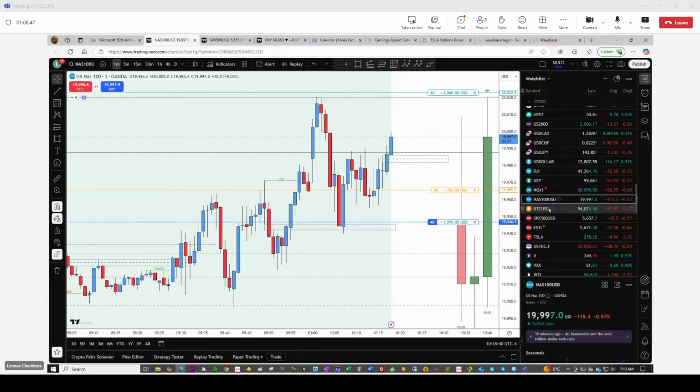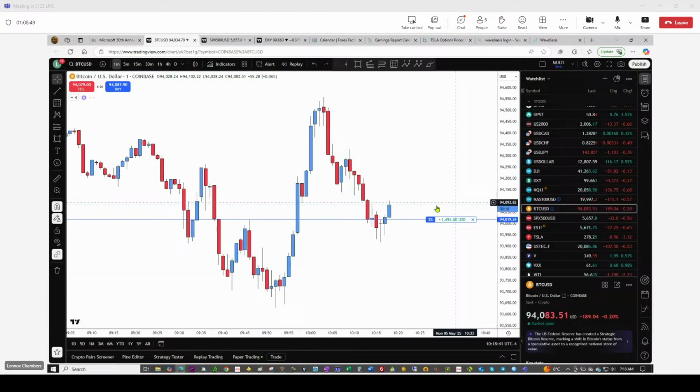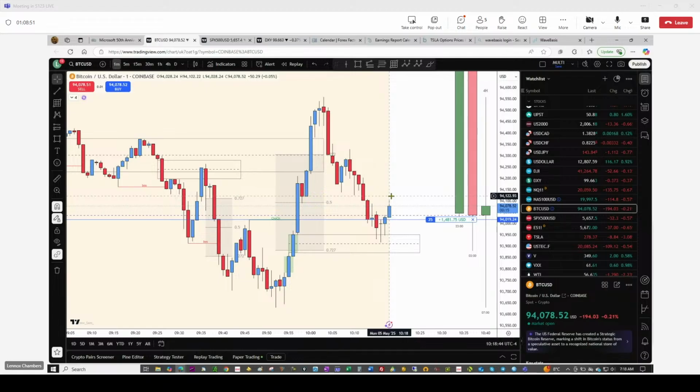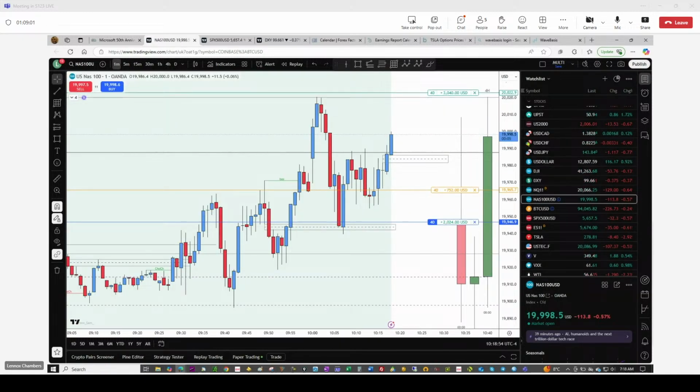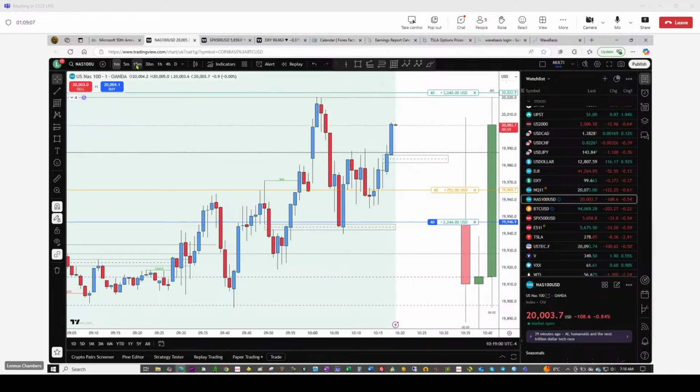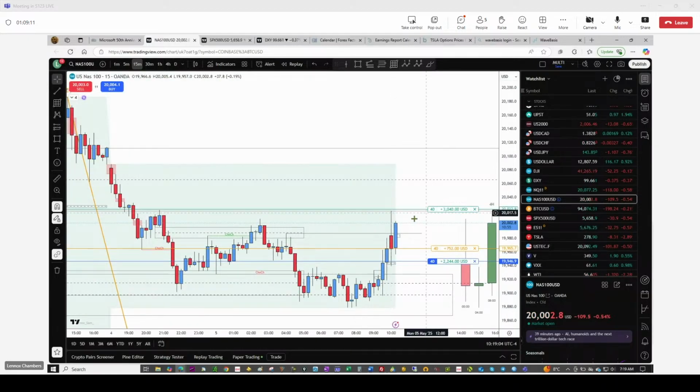I also took advantage of the entry on Bitcoin because Bitcoin's in that nice sweet spot area. So I jumped in to go higher here. We'll see if we can continue pushing up on Bitcoin. I should be able to put my target a lot higher than where I have it because I've got quite a nice 1, 2, 3 bottom.